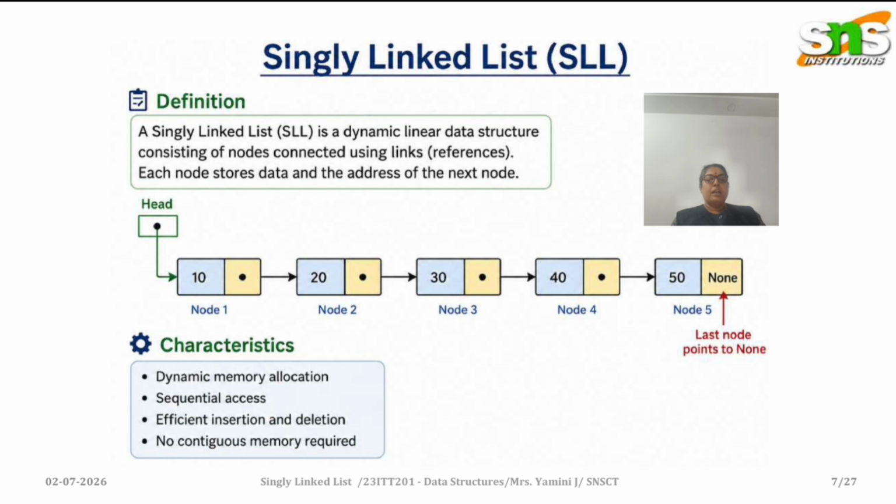This marks the end of the linked list. One important advantage of this structure is that inserting or deleting a node usually requires only changing a few pointers instead of moving all the elements, making these operations much more efficient than in arrays.